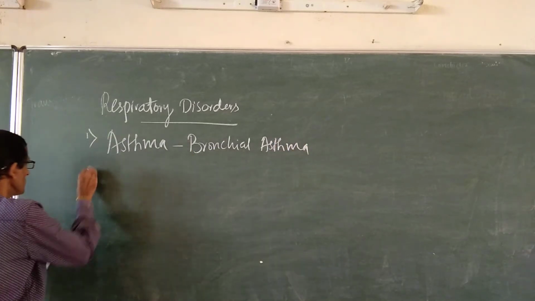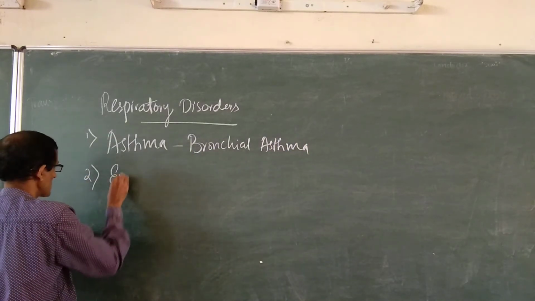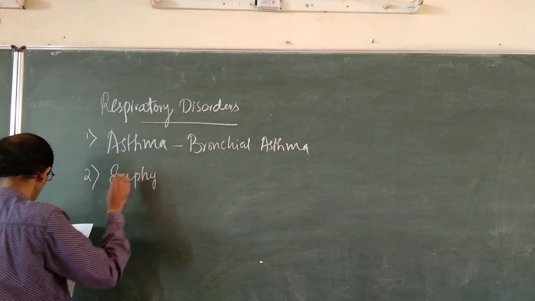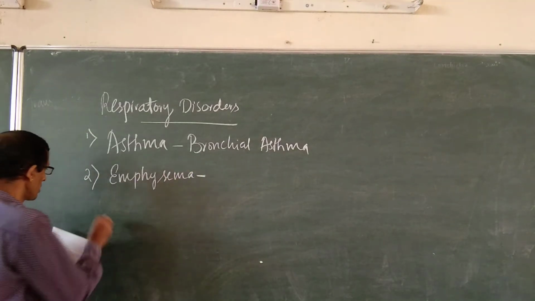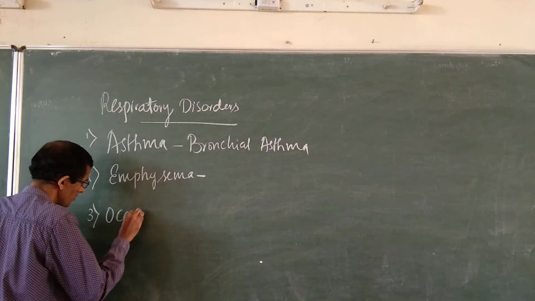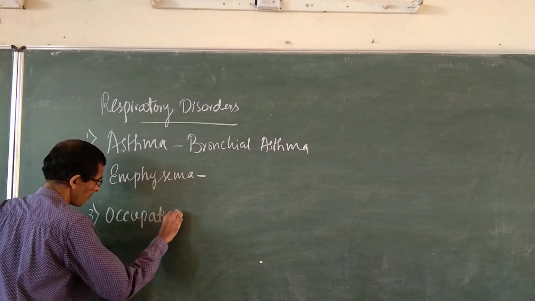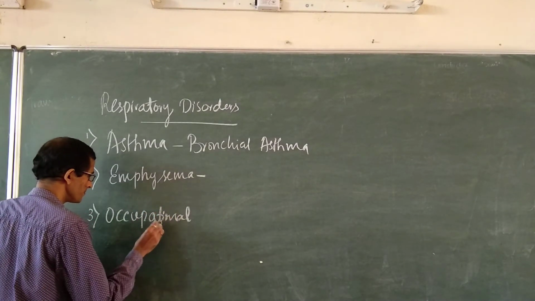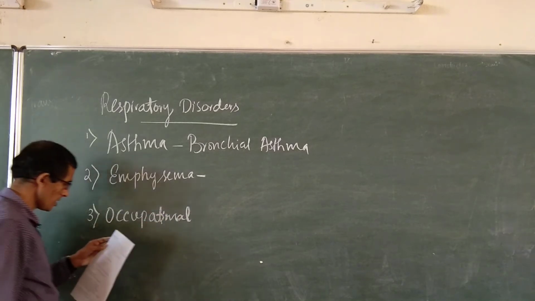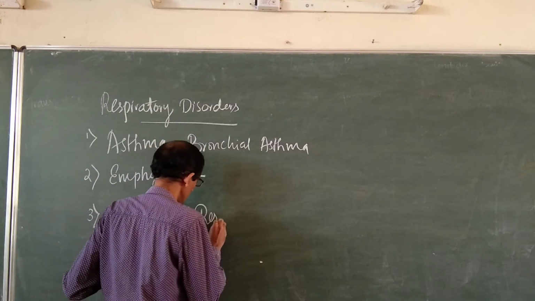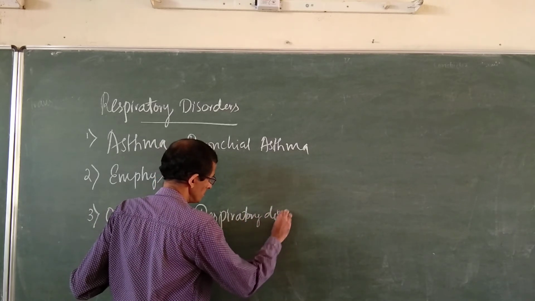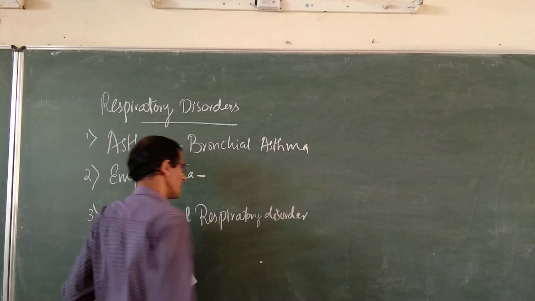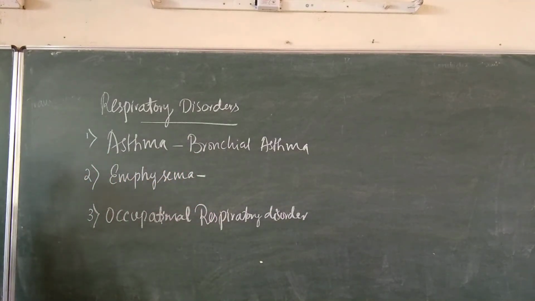The second one is emphysema. The third one is occupational respiratory disorder. So, what is this asthma or bronchial asthma?